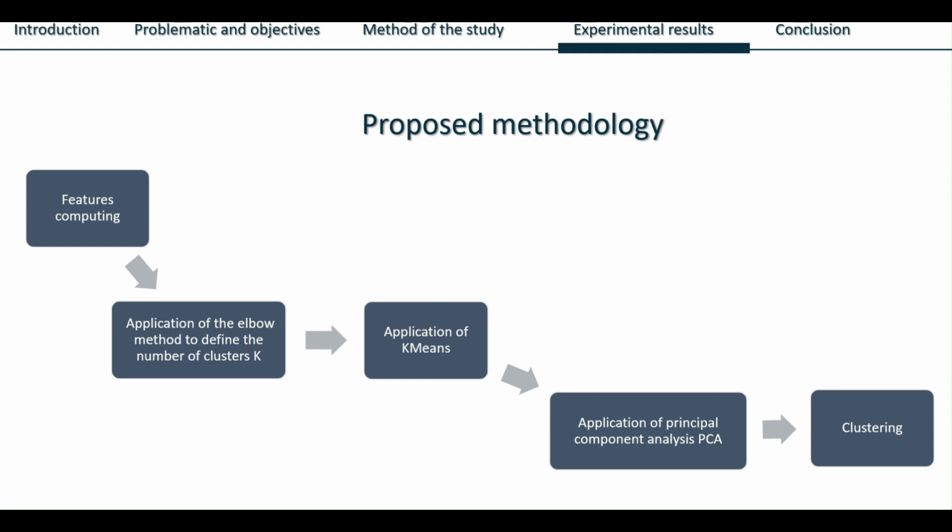Next, we apply the elbow method to define the number of clusters. The elbow method is a way to pick the best number of groups for K-means clustering. It works by plotting a graph where we add more clusters and see how the inertia goes down.